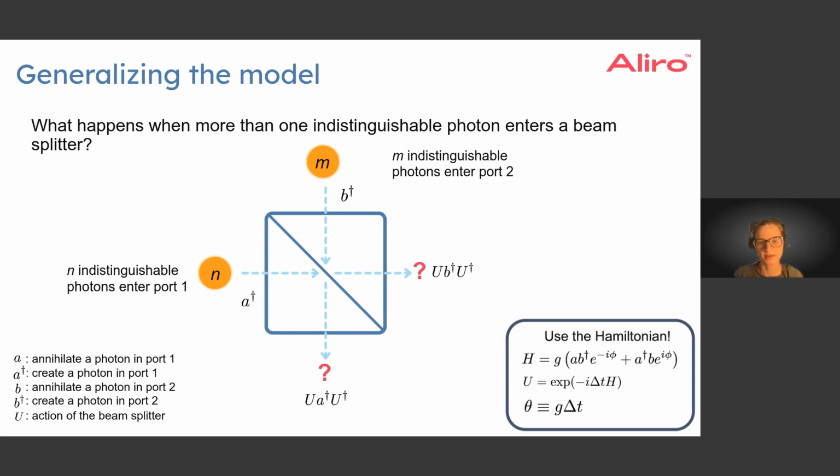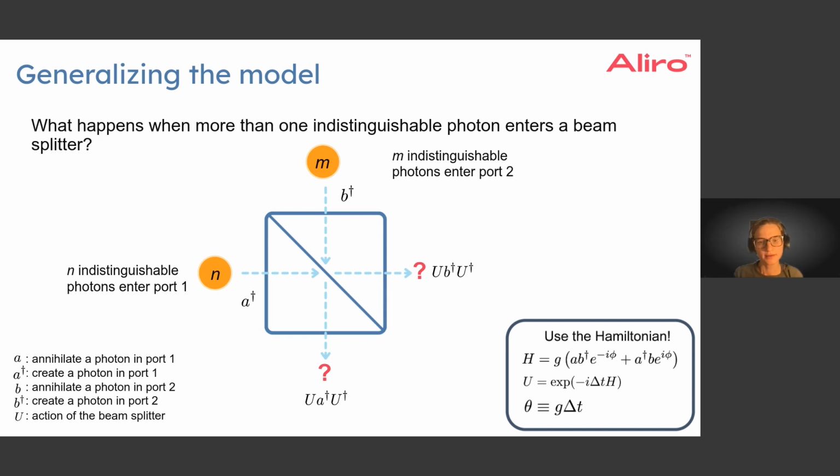And phi is going to be some phase that we'll be able to interpret later. And then when we solve for the unitary, we just follow Schrödinger's equation to find how the unitary would act.